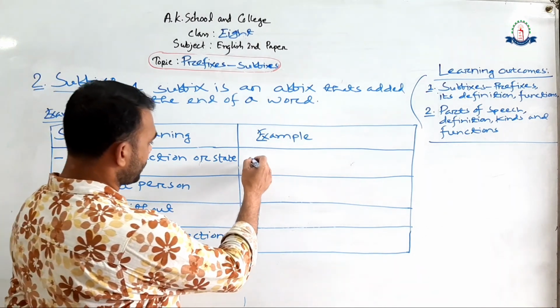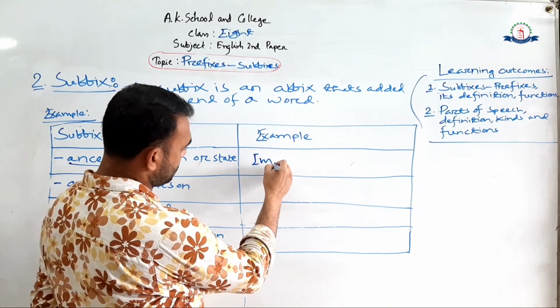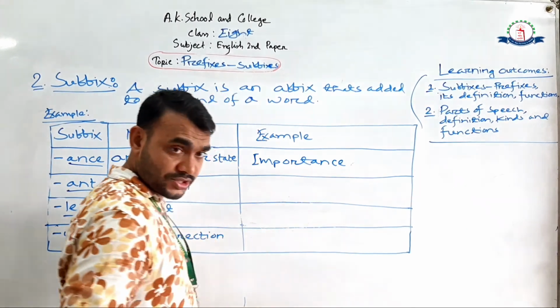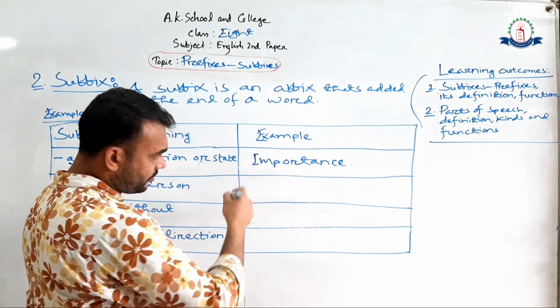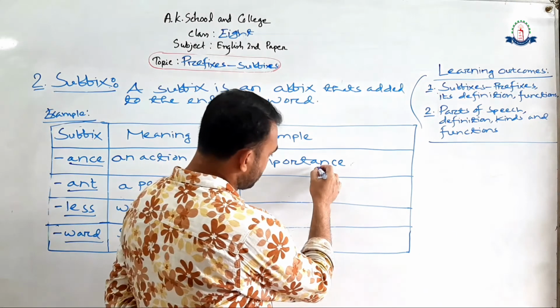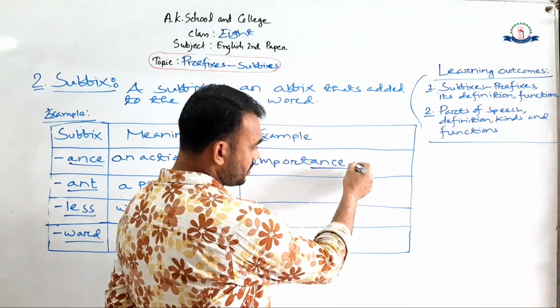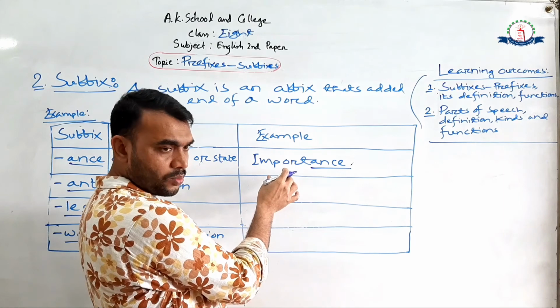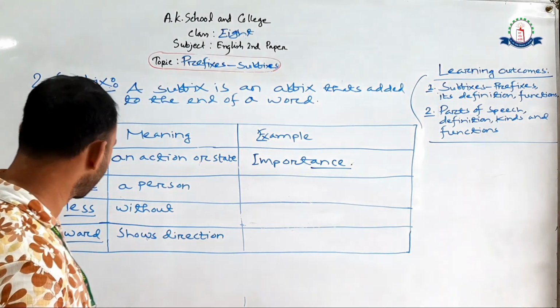Here is the example, importance. The full word is importance, but the suffix is ance. And these letters ance have made the word a suffix one.